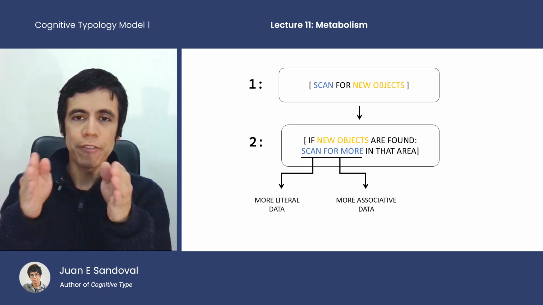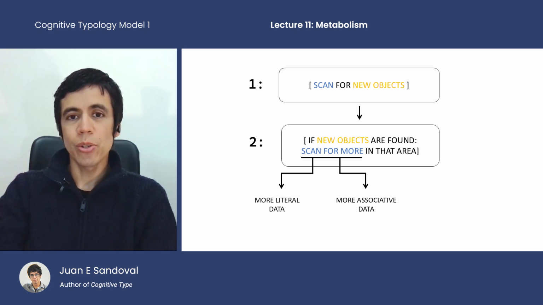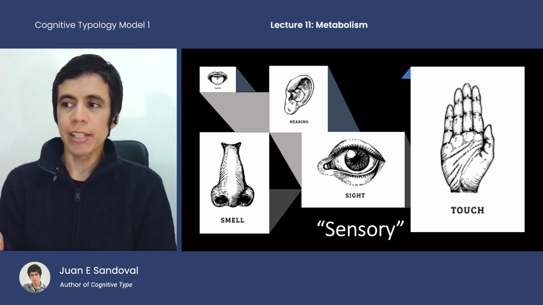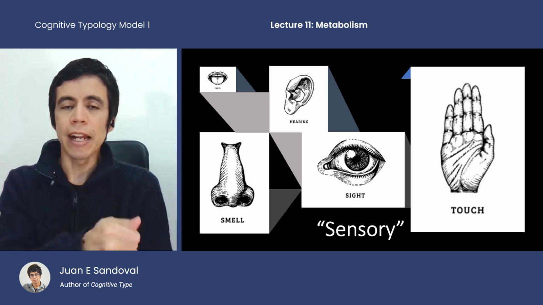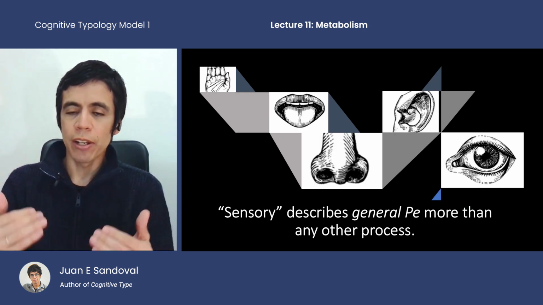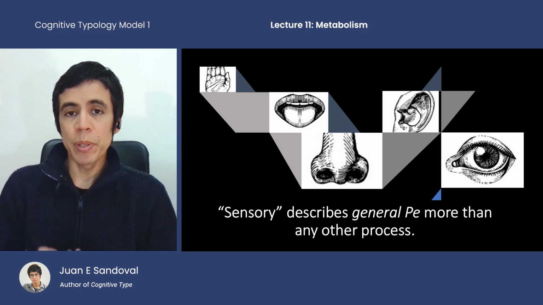And for N, scan for more means obtaining more associative data. So I want to talk about this idea of sensory. You'll notice that I don't ever say sensory to describe S, right? I say literality is S. And the reason for that is because the word sensory, in my opinion, fits PE in general more than any other process.